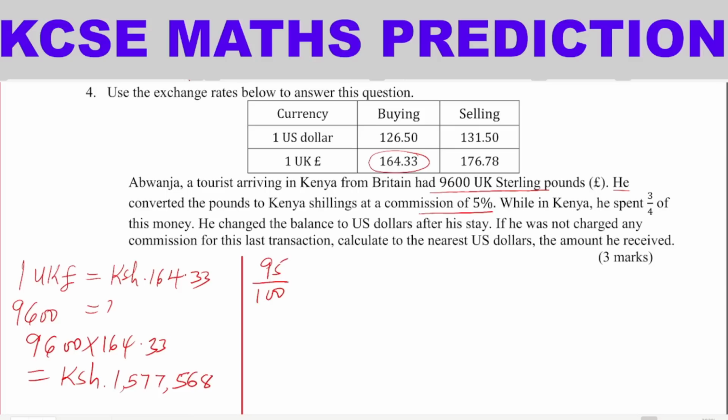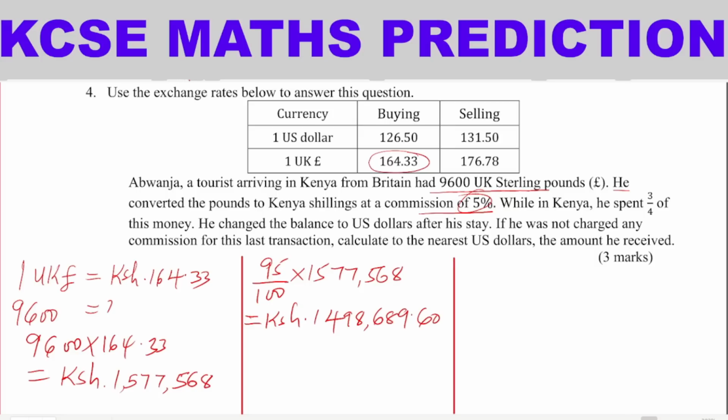So you just take 100 minus 5% of this money. So that is 1,577,568. And this will give now the money that Abwanja received after the commission. This will be 1,498,689 and 60 cents. So that is the amount he received after the commission.